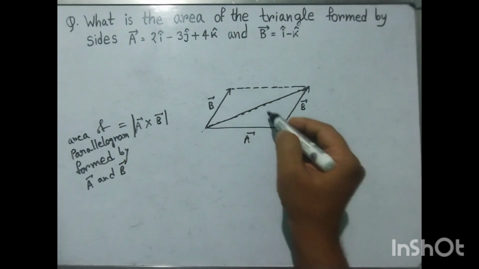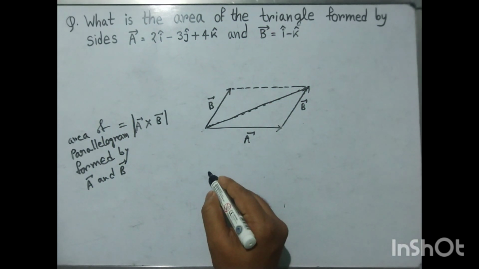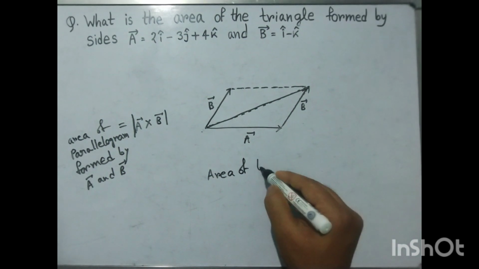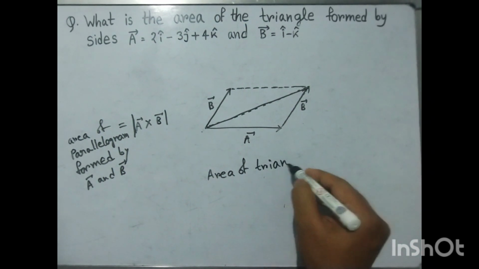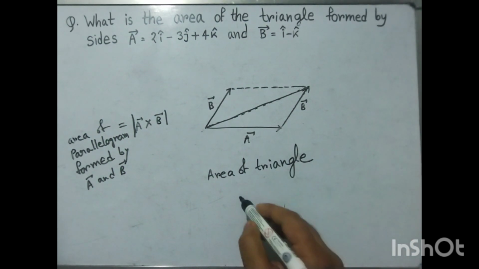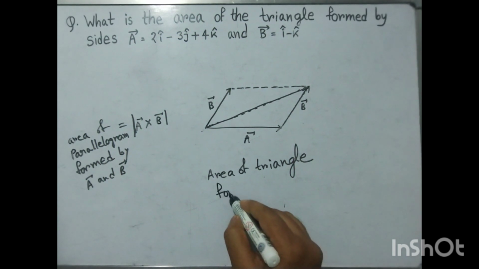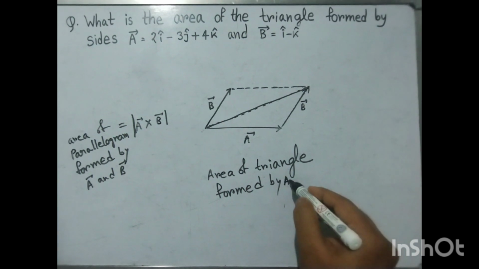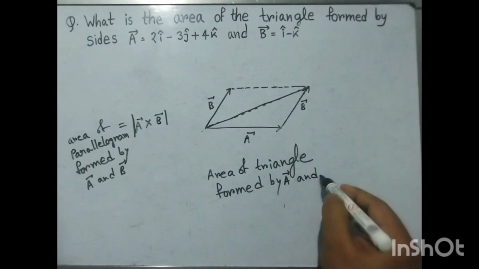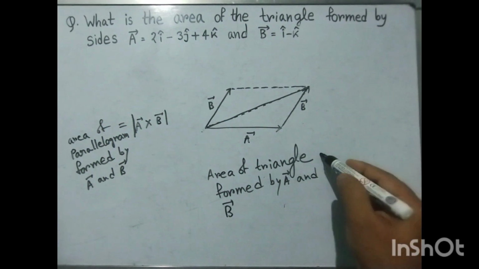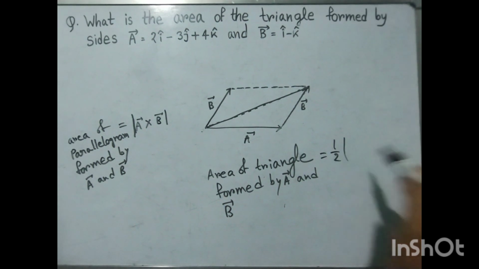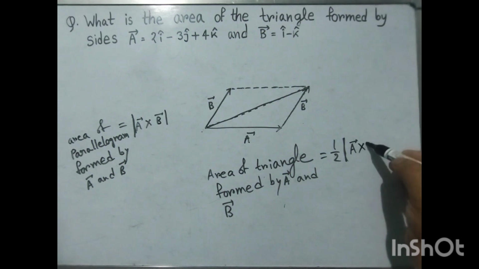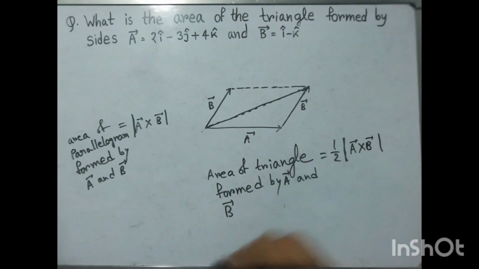This is half of the parallelogram, so the area of the triangle formed by a vector and b vector is half of the magnitude of a vector cross b vector.